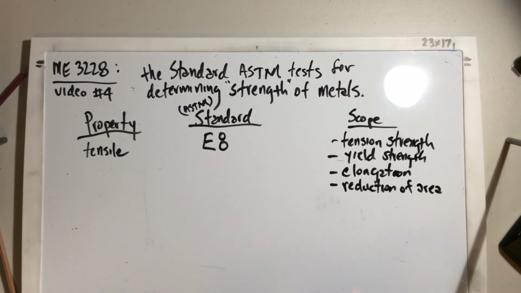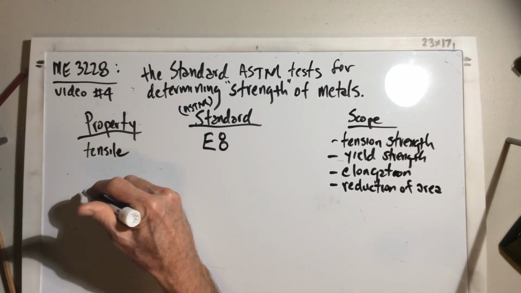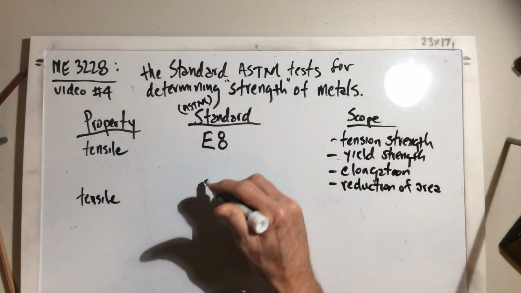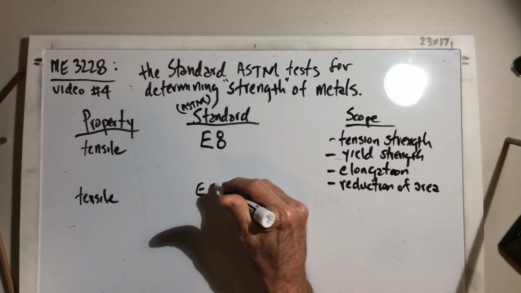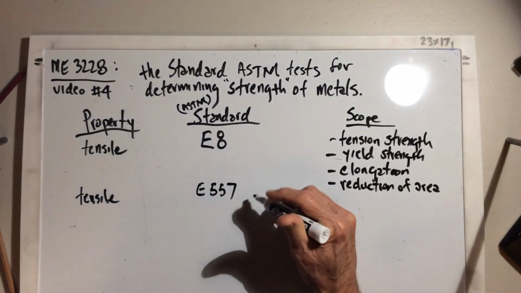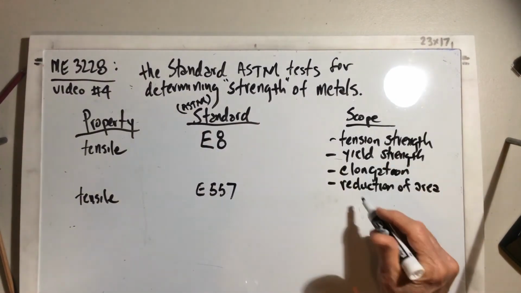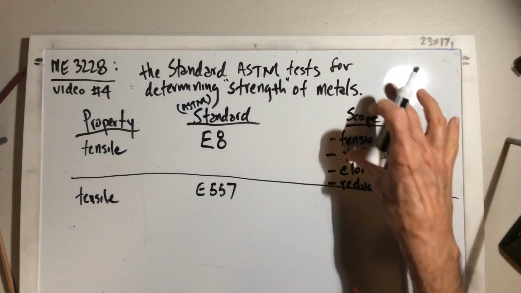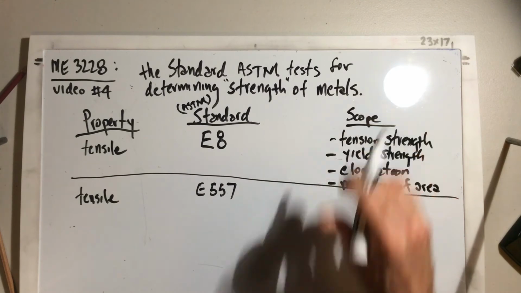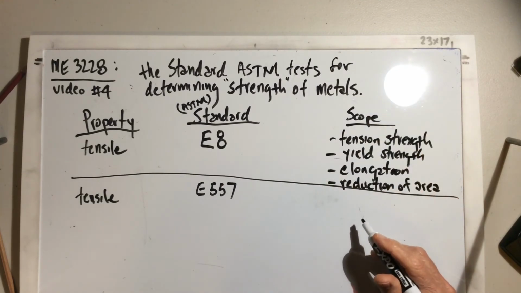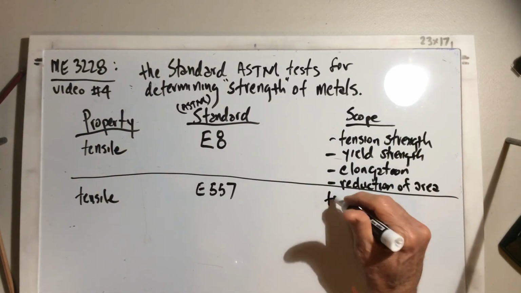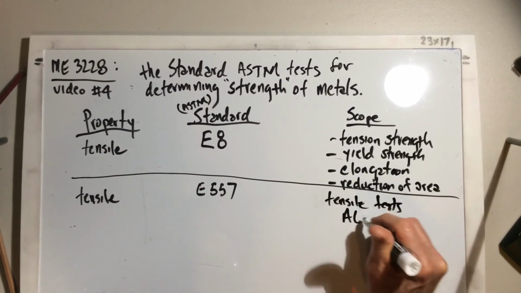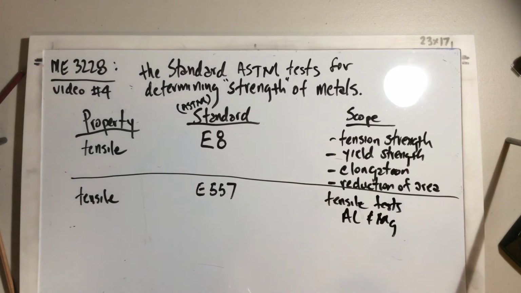Now, we won't do this necessarily, but there are other tests. There's another tensile test, and its number is E557, and that's basically for aluminum. This E8 is primarily for steel-based products, but E557 is tension tests for aluminum and magnesium.